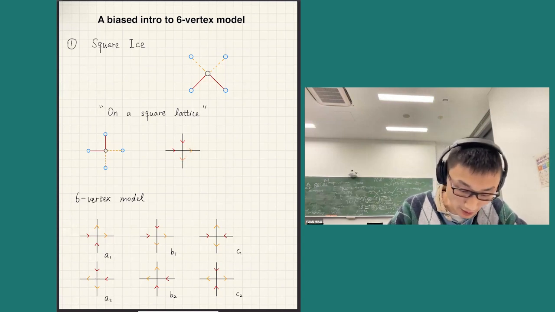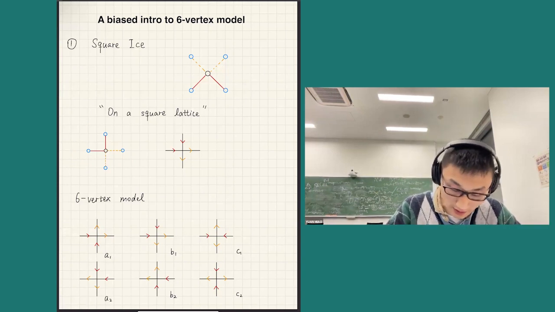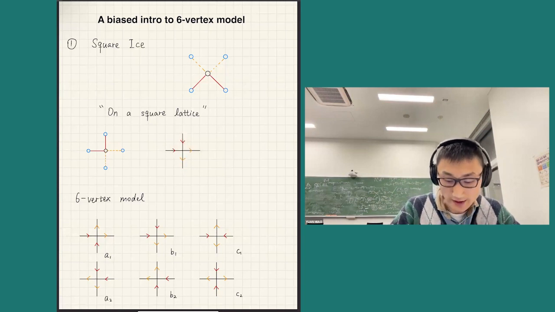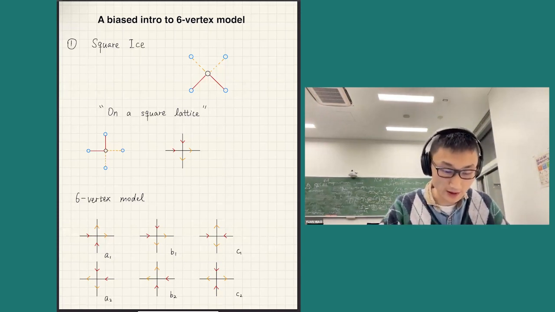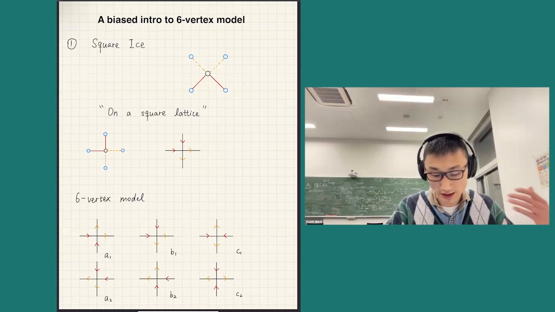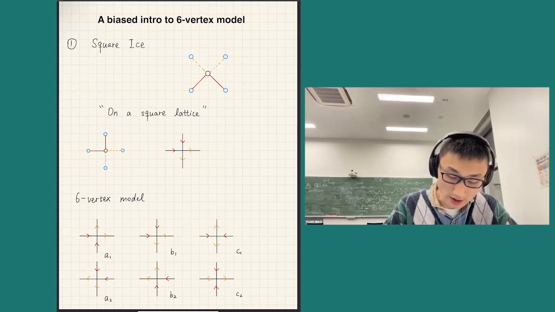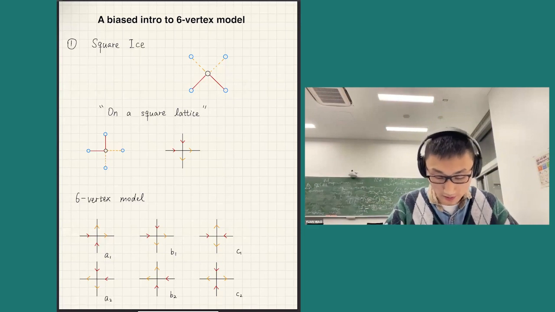So this configuration in the ice crystal corresponds to this diagram. Even though Pauling studied the 3D version, we can think of the even simpler case of ice on a 2D square lattice. We put the ice rules onto a 2D square lattice, and then we can study the statistical mechanical properties of that model.